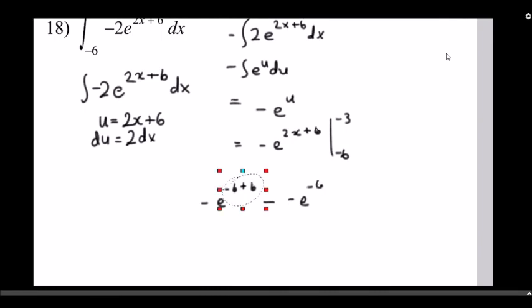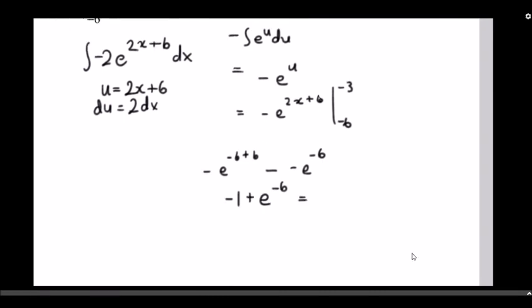Here we get a 0, e to the 0 is just 1, times the negative 1 there, so we're going to get negative 1 plus e to the negative 6, which is negative 1 plus, and since this has a negative exponent, this whole term is going to be written on the bottom of a fraction.